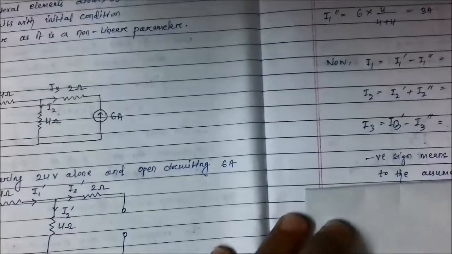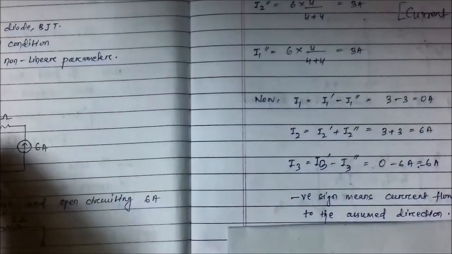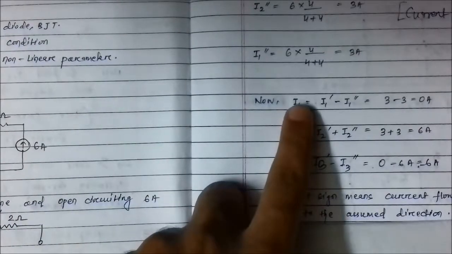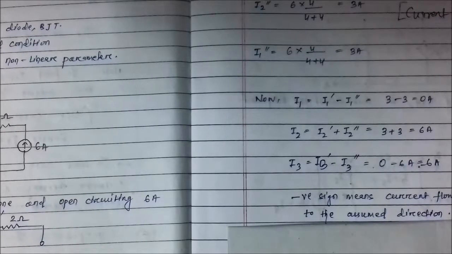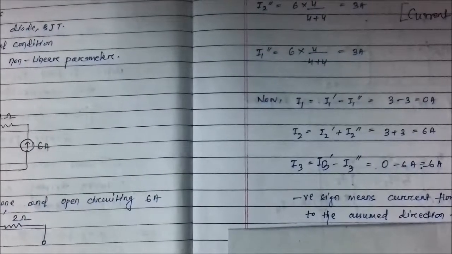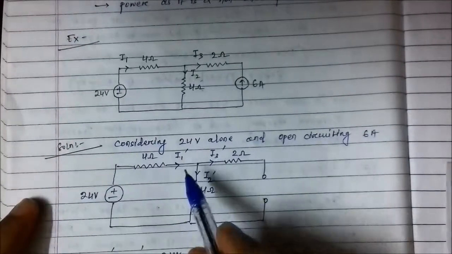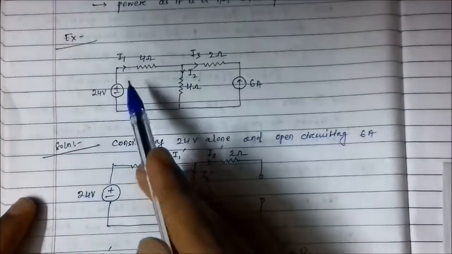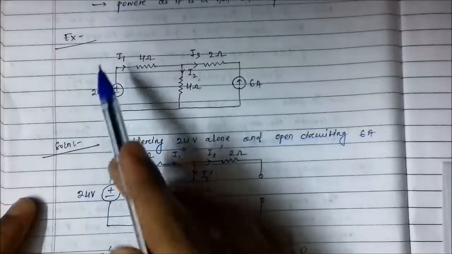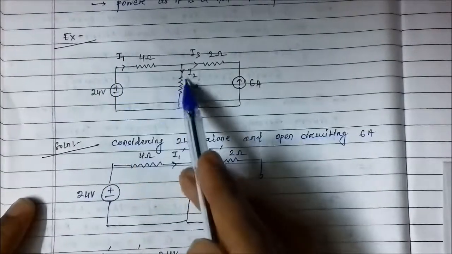Now I said that the value of I1 would be the sum of these two responses, I1 dash and I1 double dash. Another thing to make sure of is the direction which you have taken in the diagram. This is the reference diagram. Here we have the directions of the currents like this.